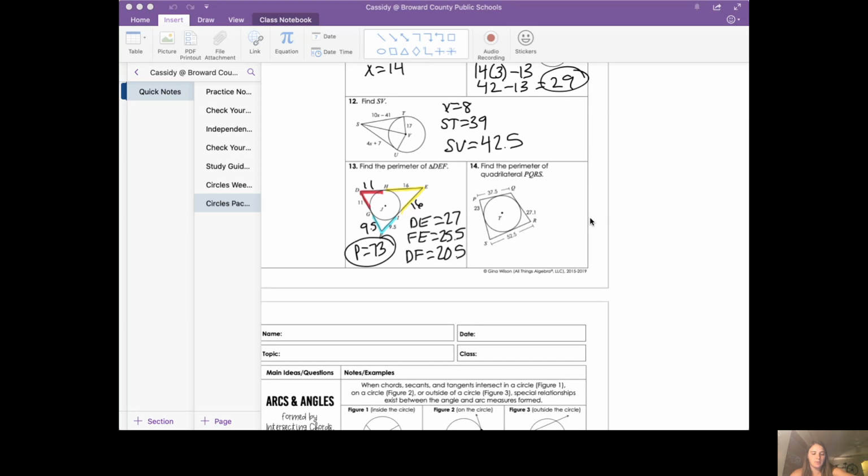All right, last one on this page that I'm going to go over. Find the perimeter of quadrilateral PQRS. We know what's congruent.